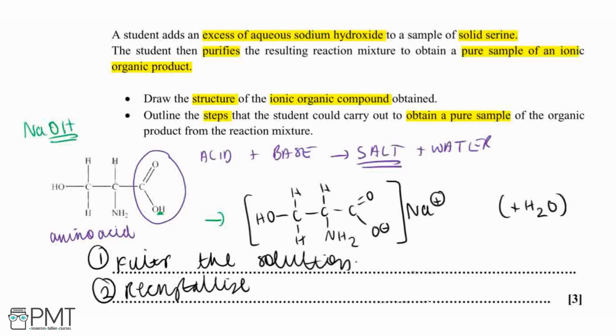And that's so that we purify our sample overall. And for this question, we've got 1 mark allocated to the structure of our ionic organic compound, 1 mark for saying to filter the solution, and the last mark is for stating that we need to recrystallize our compound in order to purify that so that we get that pure sample which the question was looking for.